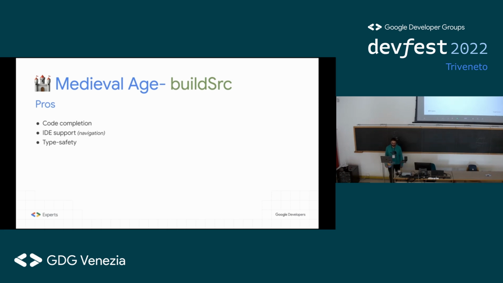But then, some time after people experienced this BuildSrc, there were different opinions about it. So let's get through it. The obvious advantage is the code completion, because now Android Studio can give you some tips, because it's Kotlin compiled, so Android Studio knows what to suggest. So that's cool.